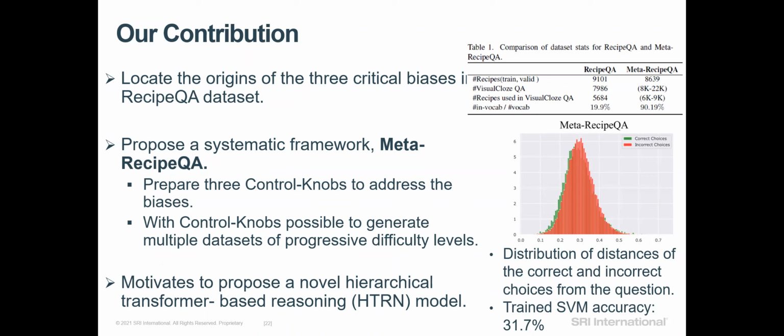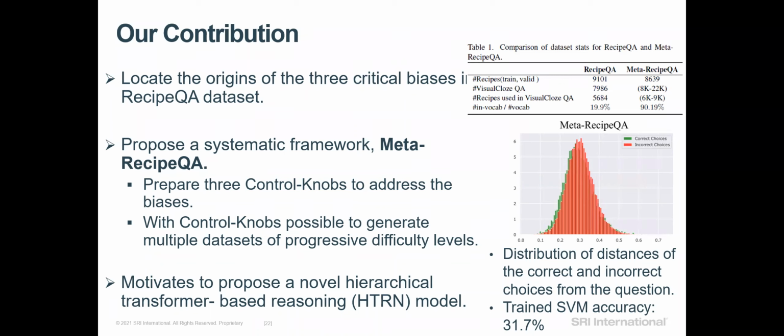And a hierarchy is called for because after all, there is a semantic hierarchy with recipes also, right? Recipes have ingredients, recipes have steps, and then there is the overall recipe that consists of the ingredients and steps, right?